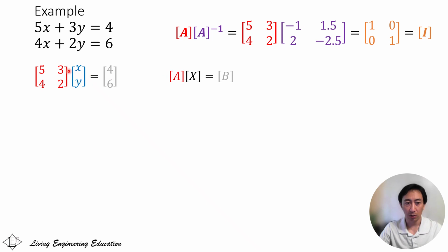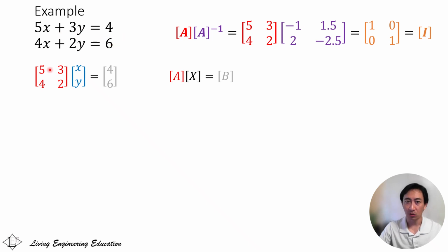So if we look at it from this perspective here, this A matrix contains all my coefficients here. This X vector contains x and y, and this B vector contains my constants 4 and 6. So first, convince yourself that this is the same as this component right here, right?